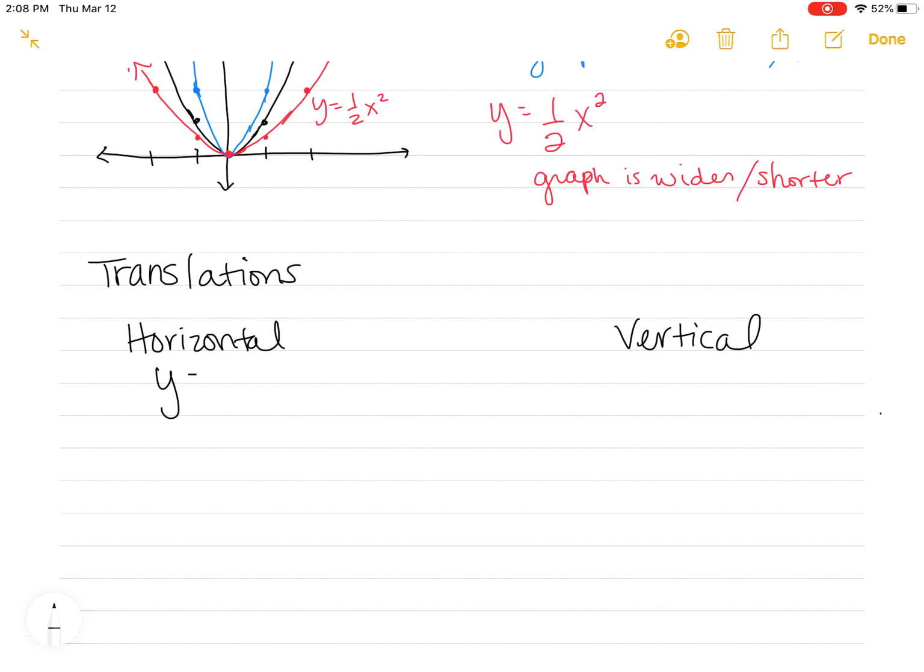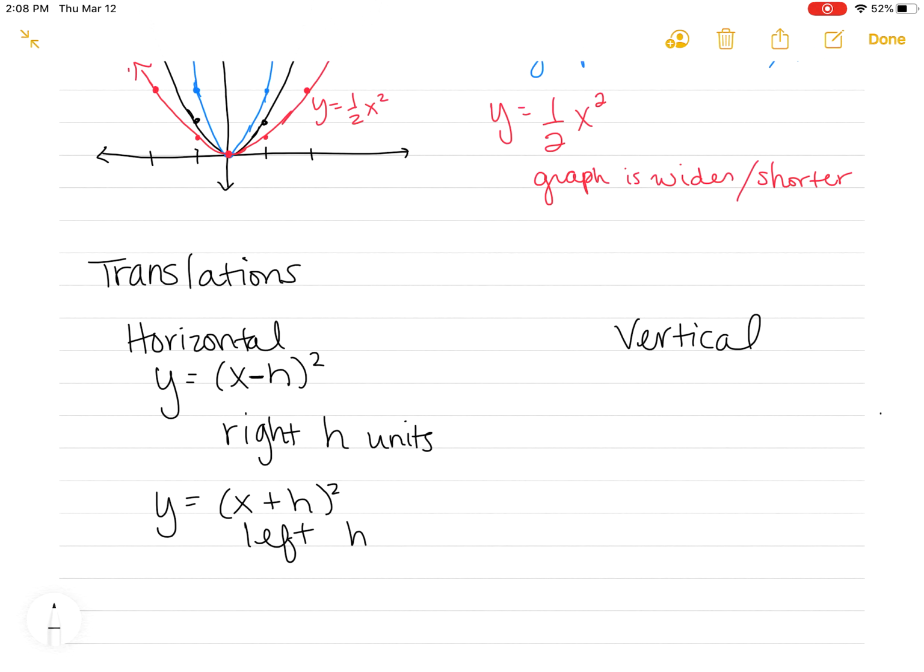So if I have y equals (x minus h) squared, if that's subtracted, if that's minus, it's moving to the right h units. If it's added, it's moving left. Again, it goes opposite the way that we think it does.